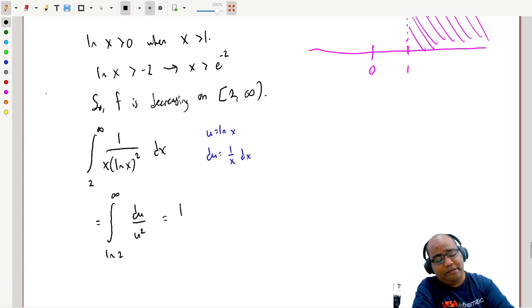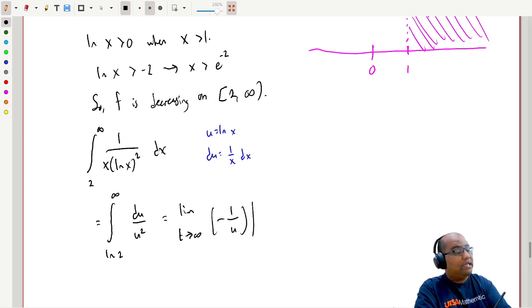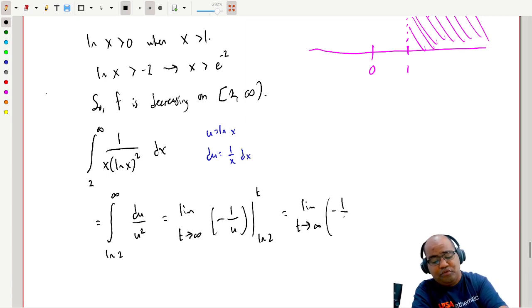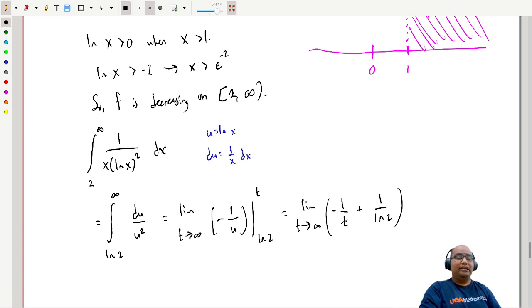That's just power rule stuff. Do the usual thing that you do for improper integrals. The antiderivative of 1 over u squared is minus 1 over u. We evaluate this between t and log 2. So we have the limit as t approaches infinity of minus 1 over t, and then minus minus, which is plus 1 over log 2.